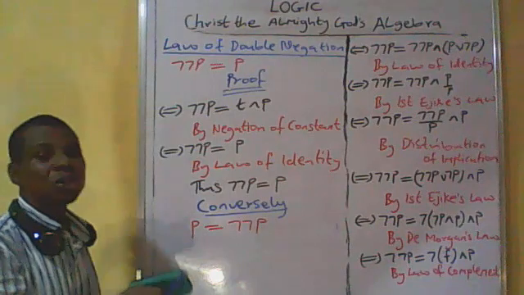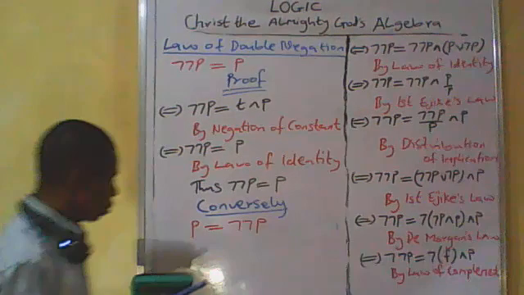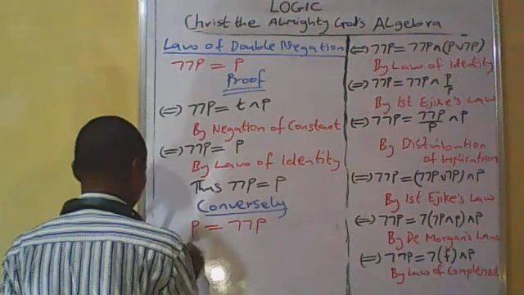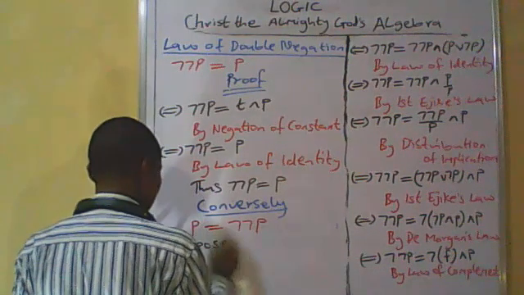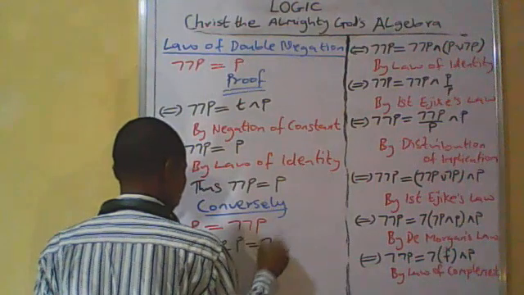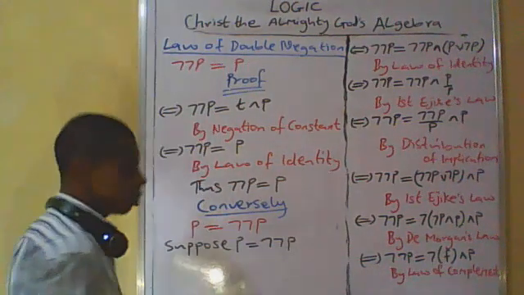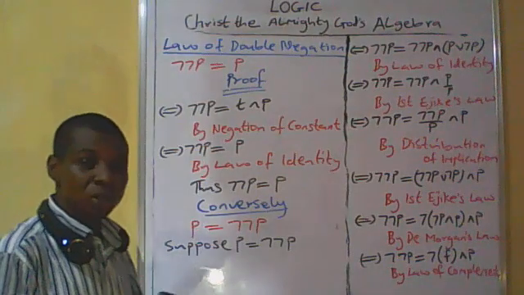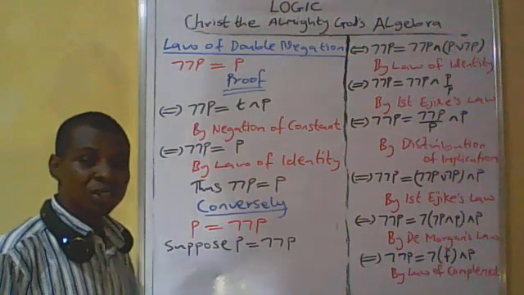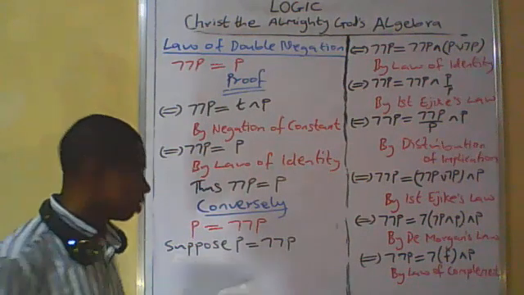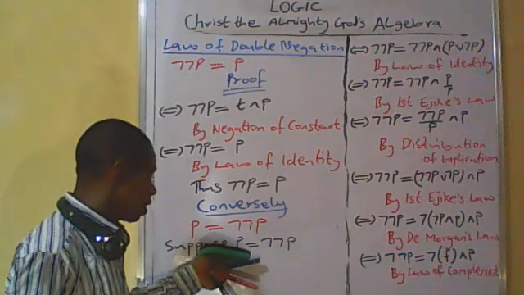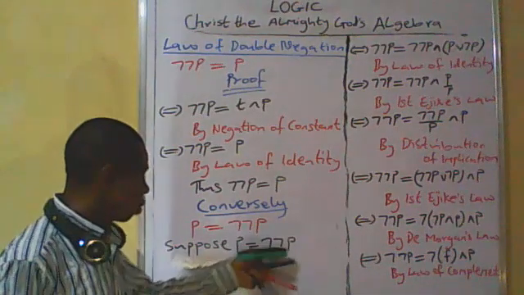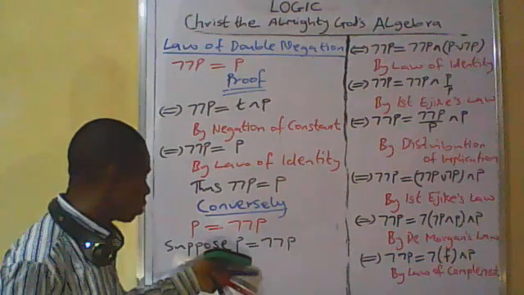So we're going to prove the converse. We assume that the statement is true. Suppose P is equal to not P. Since we assume that it is true, it means that whenever P is true, not P is also true, and whenever not P is false, P is also false.